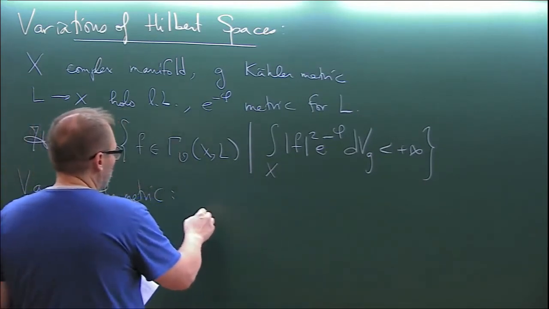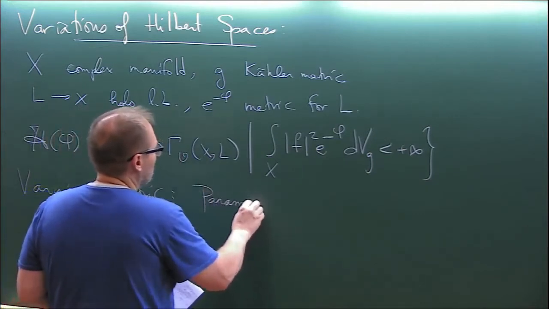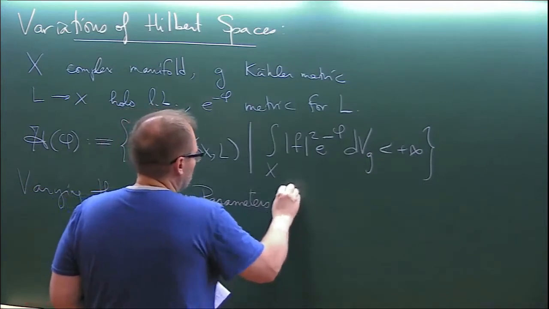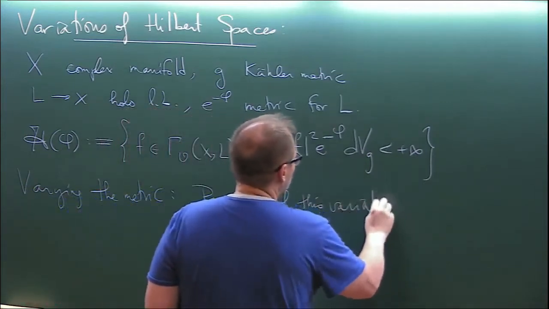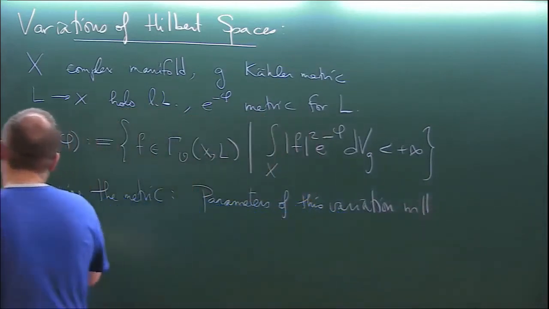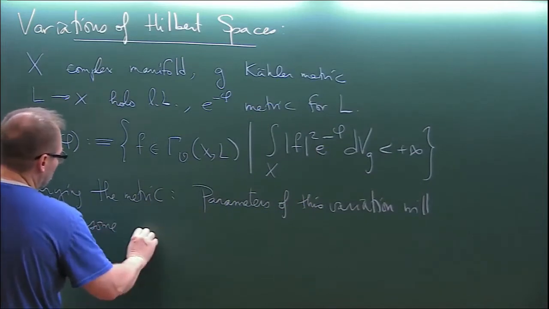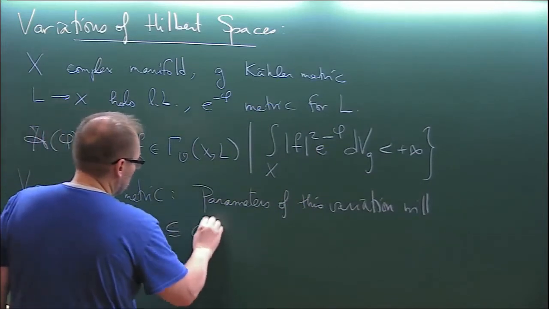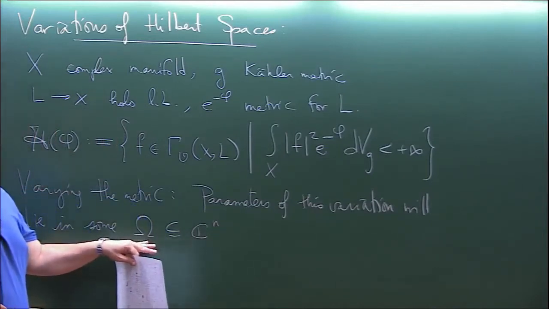The parameters of this variation will lie in some domain omega in C^n. And later on, we're even going to take omega to just be a disk in C.